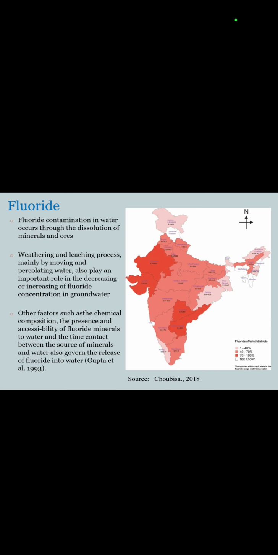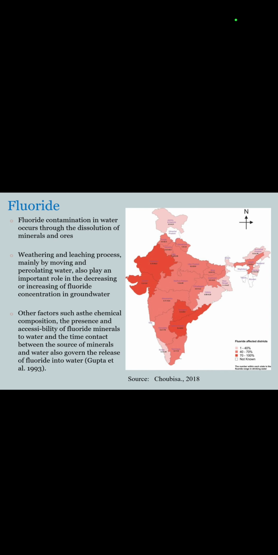And fluoride, again, this map here shows the fluoride contamination across different states in India. Out of 36 states in India, a total of 23 states are reported to have contamination in their groundwater sources.